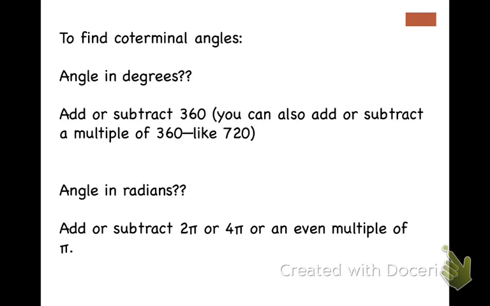For radians, you're going to add or subtract multiples of 2 pi. So 4 pi, 6 pi, 8 pi. Or you can just keep doing those 2 pi's. Because remember, one revolution is 360 degrees, or 2 pi is our one revolution. And so coterminal angles are just about those revolutions. How many times can we go around and land in the same spot?